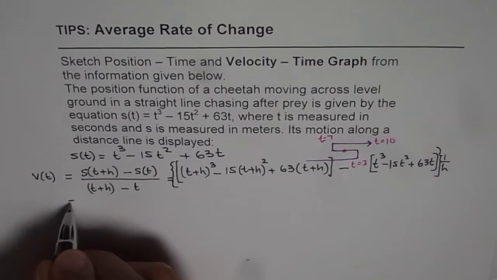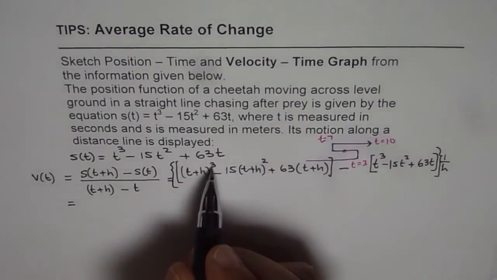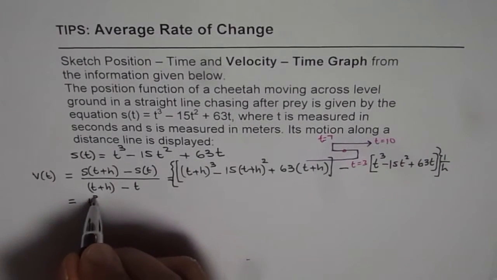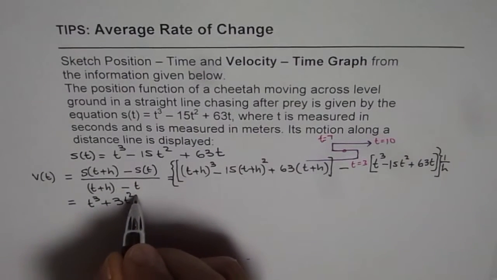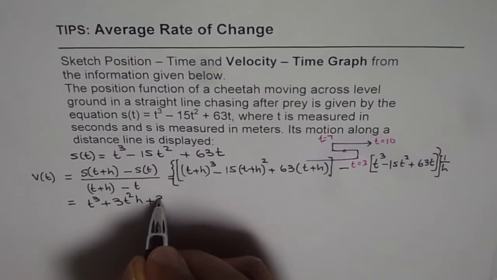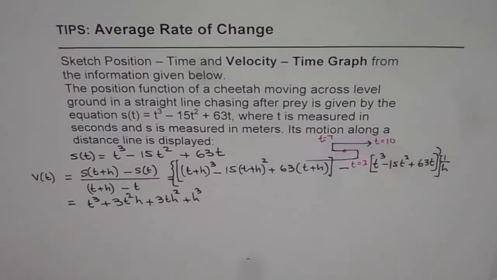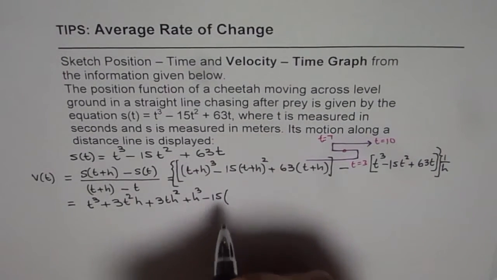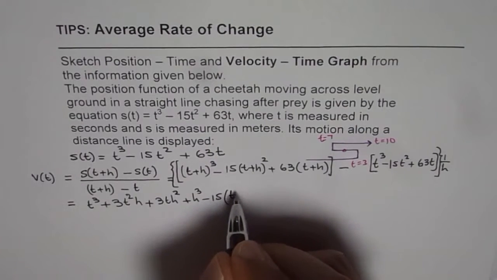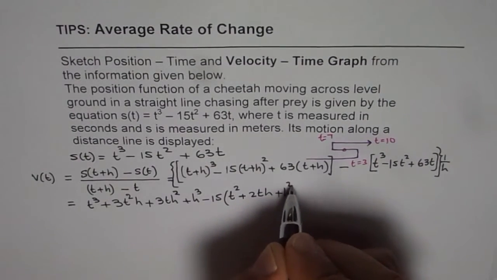Now we'll expand this equation and simplify. So a plus b whole cubed is a cubed, here it is t cubed, plus 3a squared b, 3t squared h, plus 3th squared plus h cubed, right? That is t plus h whole cubed. Now minus 15 times t plus h whole squared gives me t squared plus 2th plus h squared, right?